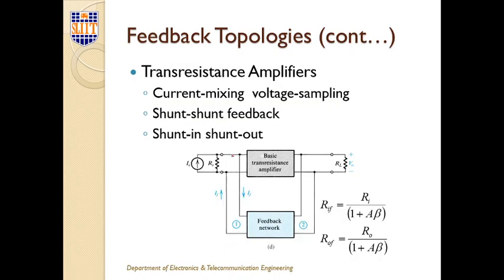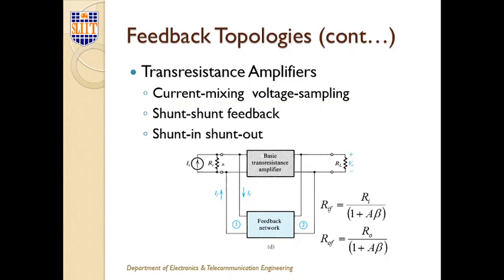Finally, you have the transresistance amplifier, where input is a current and the output is a voltage, or current mixing, voltage sampling, or here it is shunt, here it is shunt. So shunt feedback, or shunt in, shunt out topology.